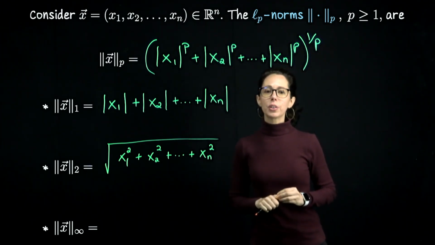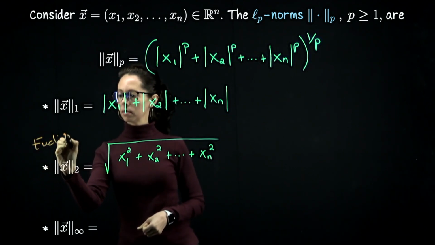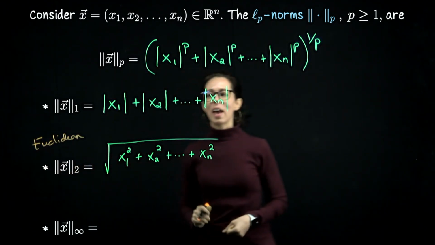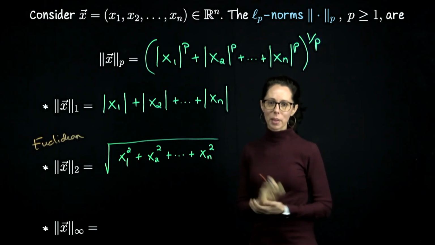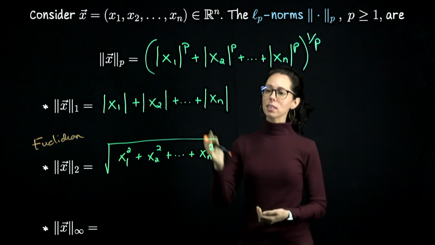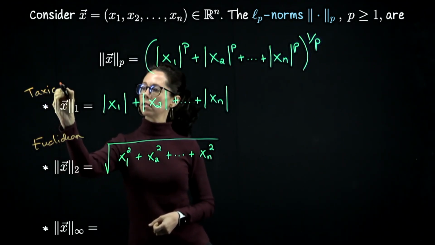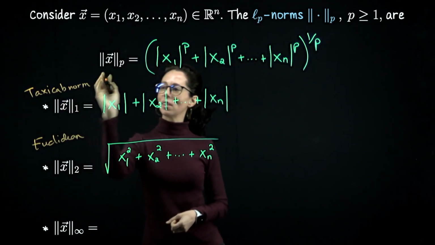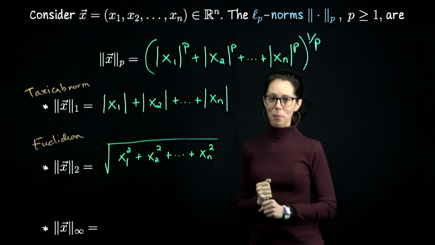This is the regular Euclidean norm. And if you're wondering if the first one also had a name, it does. So L1 norm is pretty standard, but you might also see this called the taxicab norm, for reasons that I will not go into until our lesson on metric spaces.